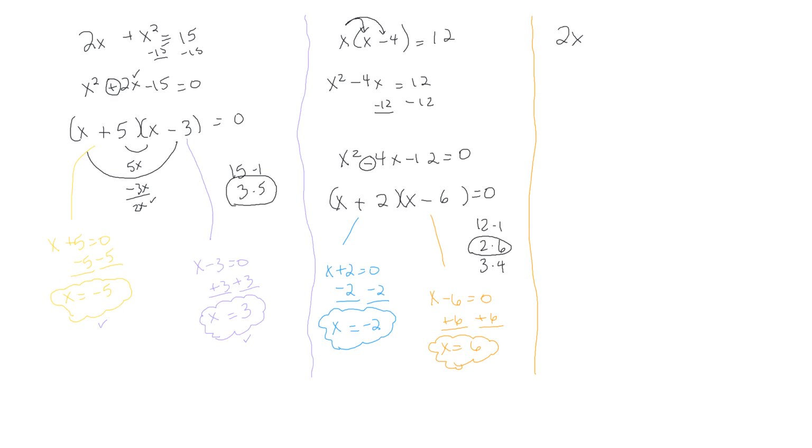2x squared plus 4x equals 30. I'm going to bring the 30 over and set it equal to 0.